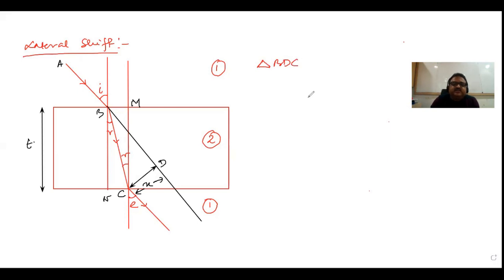BDC. Okay. Now, in this triangle, look, if this is I and this is R, then this is I minus R. So if I apply trigonometry, this is 90 degrees, correct?